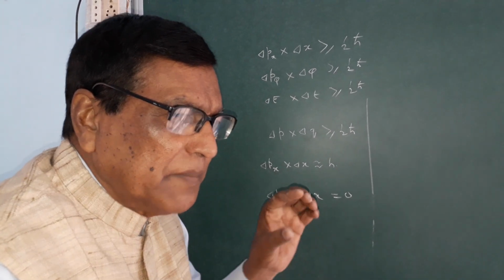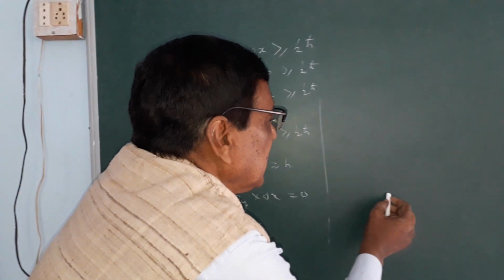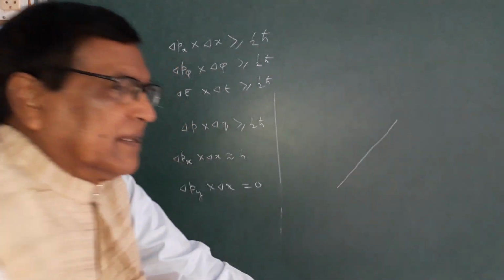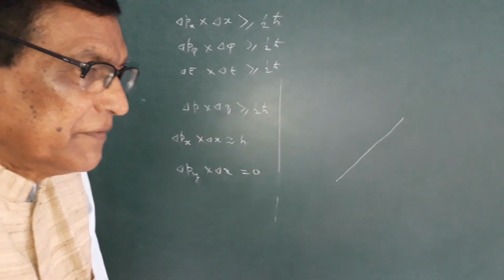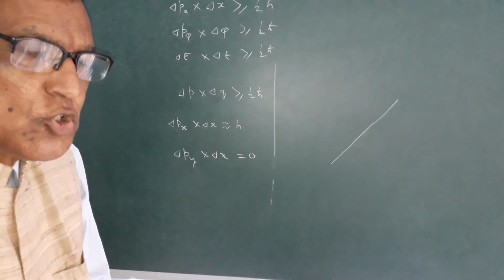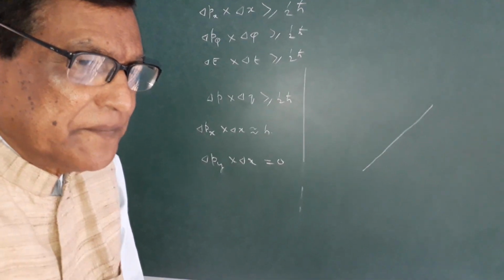And whenever a macroscopic body moves, it will give a track, and a definite track will be there for these macroscopic bodies according to Newton's second law of motion.